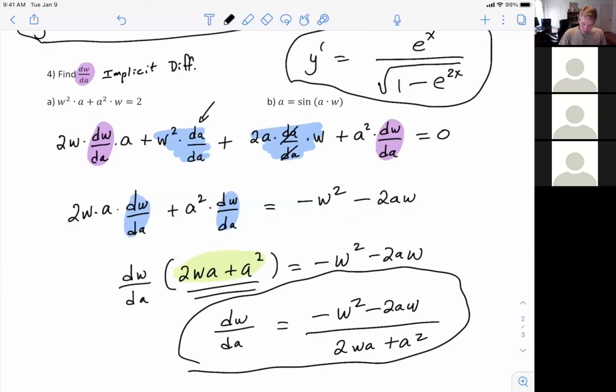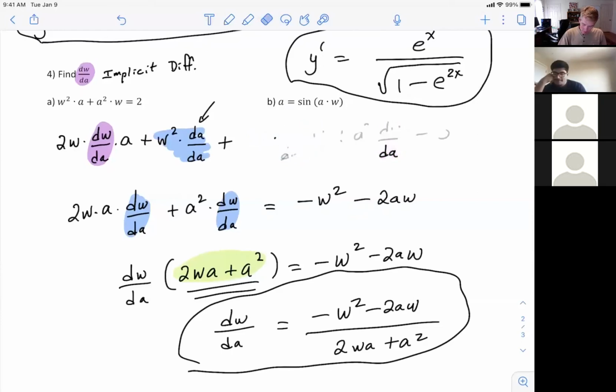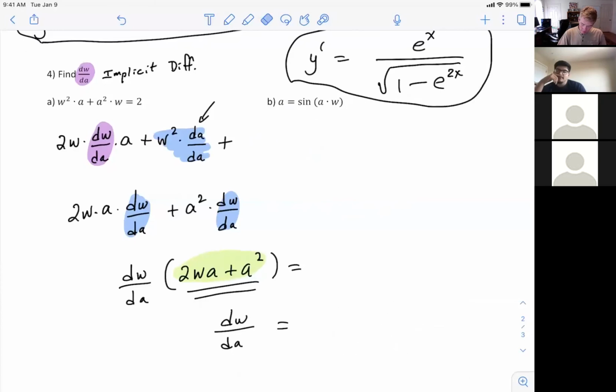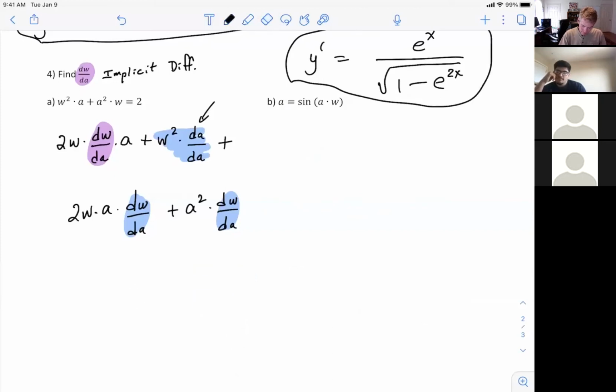Okay, so now I need some space so I could do this part B. Okay, so for part B, still taking the derivative with respect to A. So on the left side, it's going to be take the derivative of A with respect to A. So that's going to equal a 1.